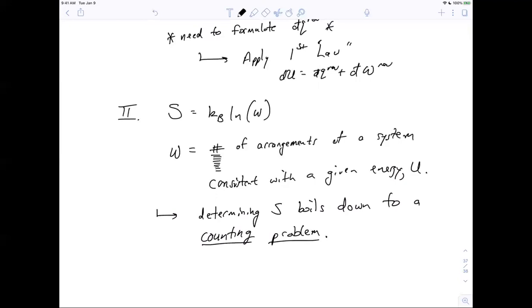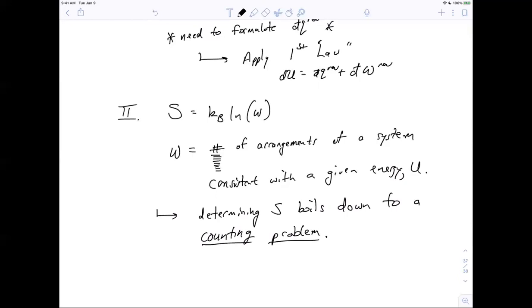So really entropy is a counting problem, right? You just have to figure out ways to count the arrangements that are consistent with a given U. Okay, so it's that simple. Nothing more, nothing magical, nothing exotic. I'm sorry to say, it's just a counting problem.